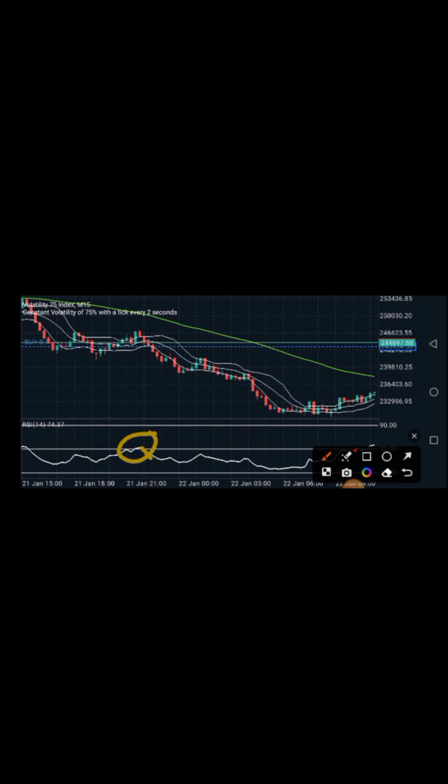Not immediately when it touches the 50 level. You wait for it to come down below the 50 level, then you enter for a sell. Then you can see our Bollinger Band and our candlestick is not touching the moving average. Then you will enter for sell. You take some profit, you leave the market.